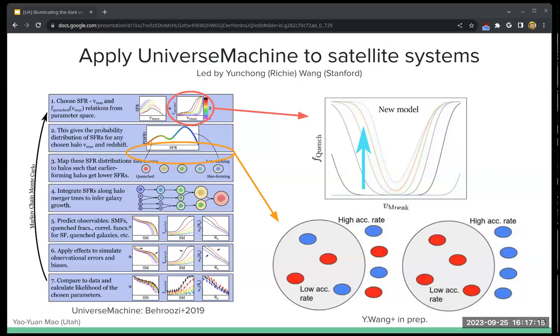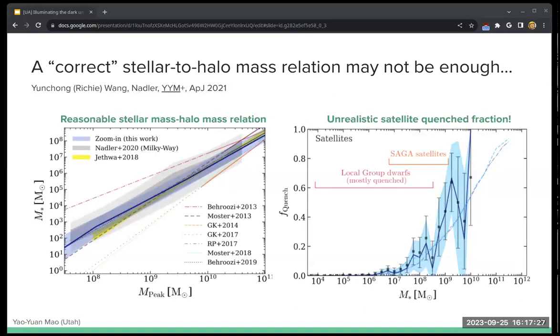I'm not going to have enough time to tell you the specific model component, but basically you need to modify how you model the quenched objects, and also how they correlate with the star formation rate. My main point is that you could make a prediction from the Universal Machine that gives you the correct satellite luminosity function, but the wrong quench fraction.